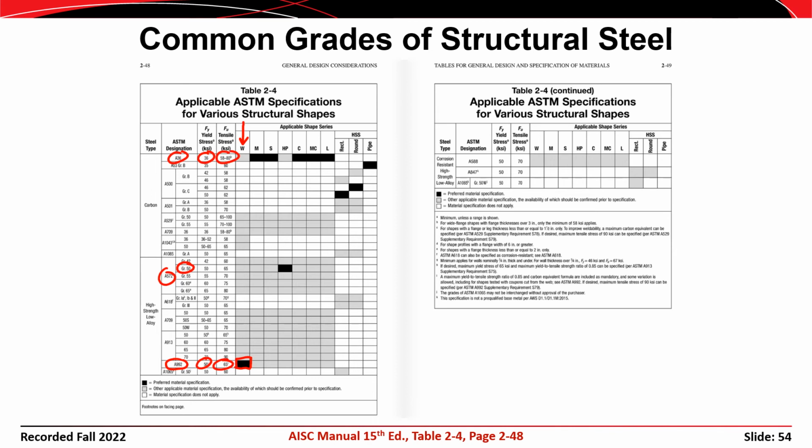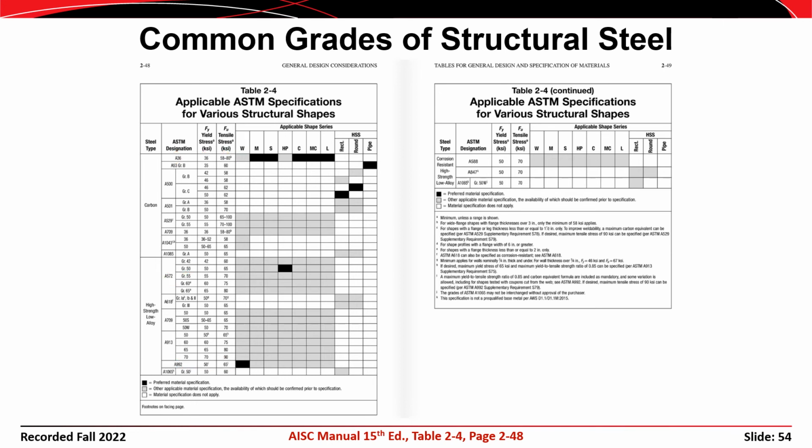Bear in mind, though, if you specify a W shape out of A36, it might very well have a material strength that is 50 KSI for yield and 65 KSI for tensile strength. That would be a so-called dual grade steel in that it satisfies the requirements of both A36 and A992, but the material strength is really much higher than what is required for A36.